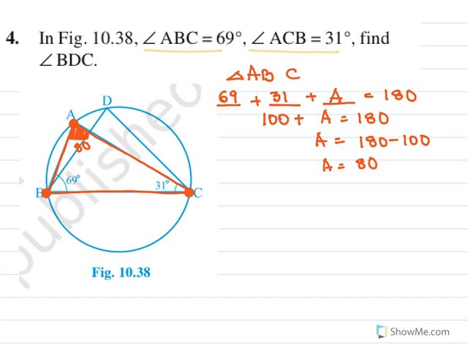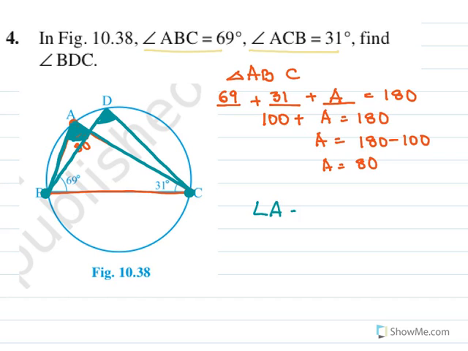Now in the next step, we are going to do angles in the same arc. So we will take the arc B and D. And from B and D, I can draw two angles. One is here, and I have this angle. So this A equal to D, because angles in the same arc.